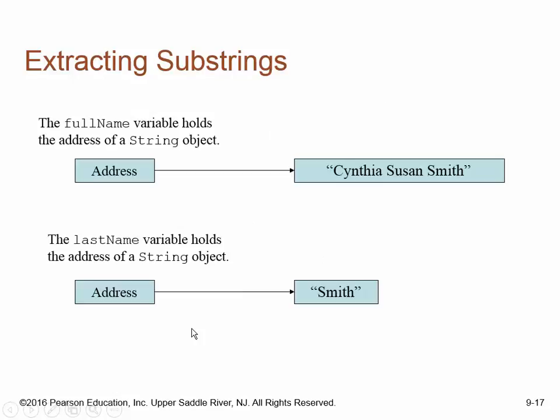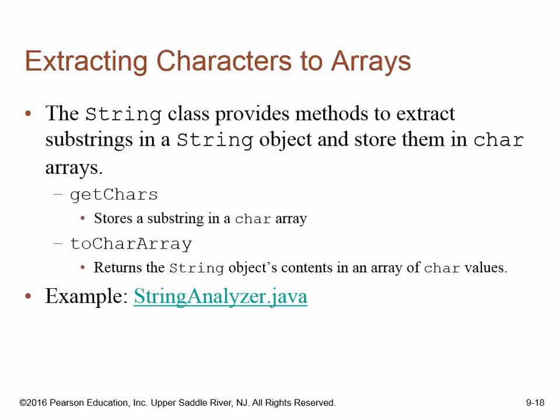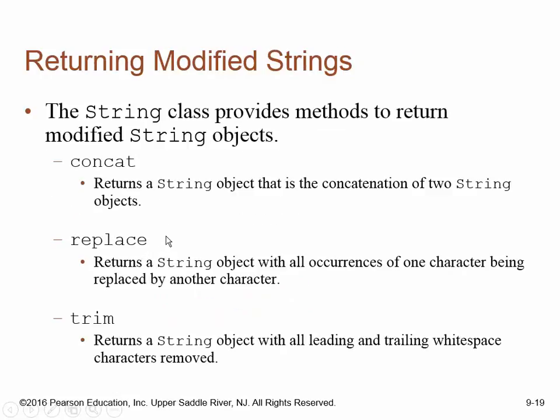And they're showing here exactly what's happening when you do that. The string class, as mentioned there, provides methods to extract substrings and store them into character arrays. There's a getChars and a toCharArray. We'll look at some of that stuff when we go through what's actually in the book. There's a concat, which allows you to concatenate 2 strings together.